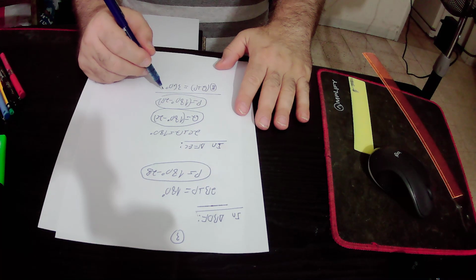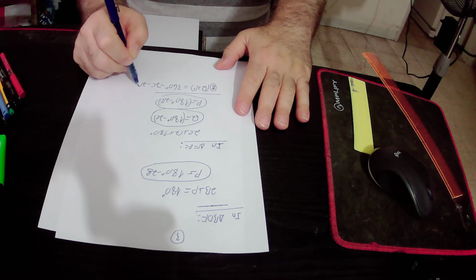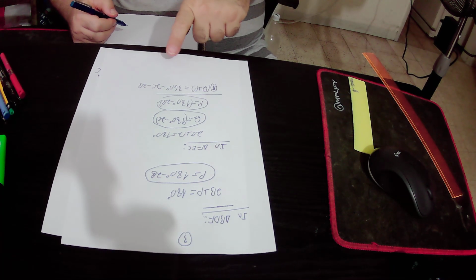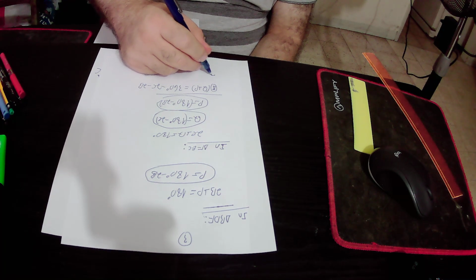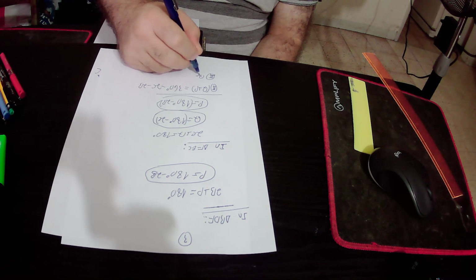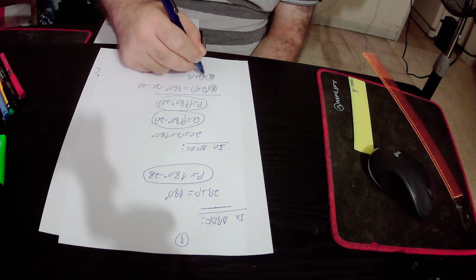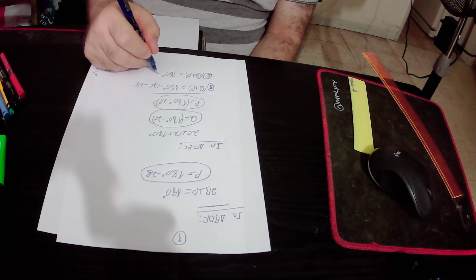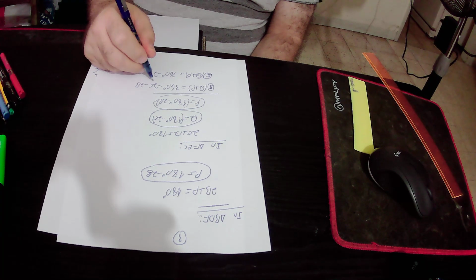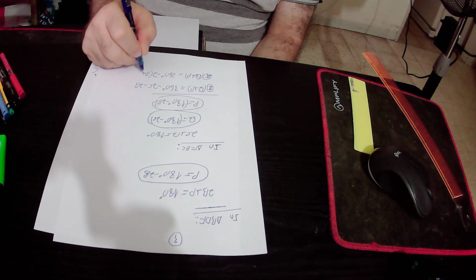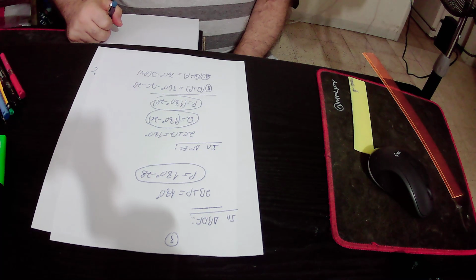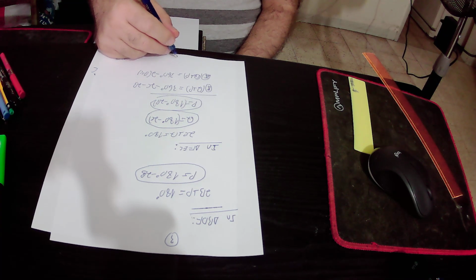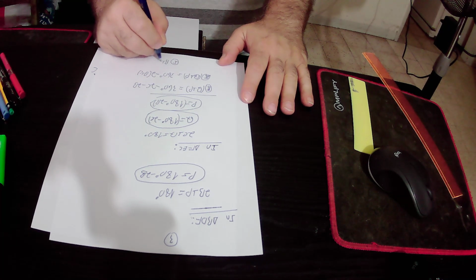Here we will take minus 2 as a common factor of this expression, and inside the brackets we will have B plus C. Okay, so we got that Q plus P equals 360 degrees minus 2 times B plus C, but we have already found out in equation number 1 that B plus C equals 120 degrees.